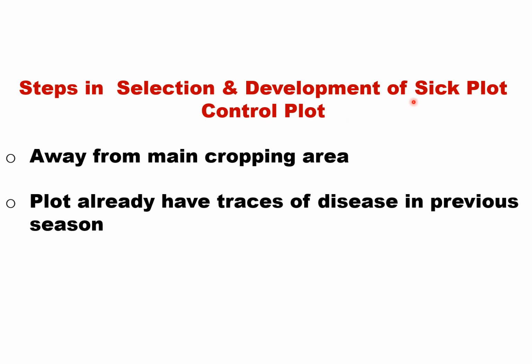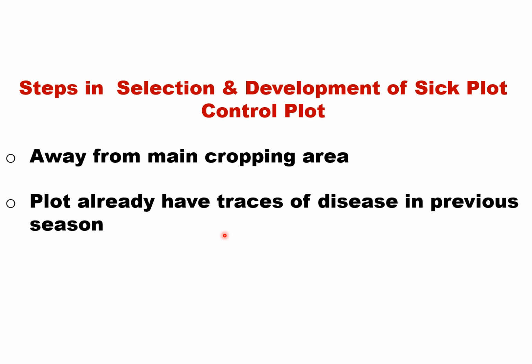So it is always to be remembered to develop the sick plot away from the cropping area because there is always a chance that by any means the pathogen can leak from the sick plot and enter into the cropping area. And second, it is also very important to select that part of the field as a sick plot where you already have the traces of the disease.